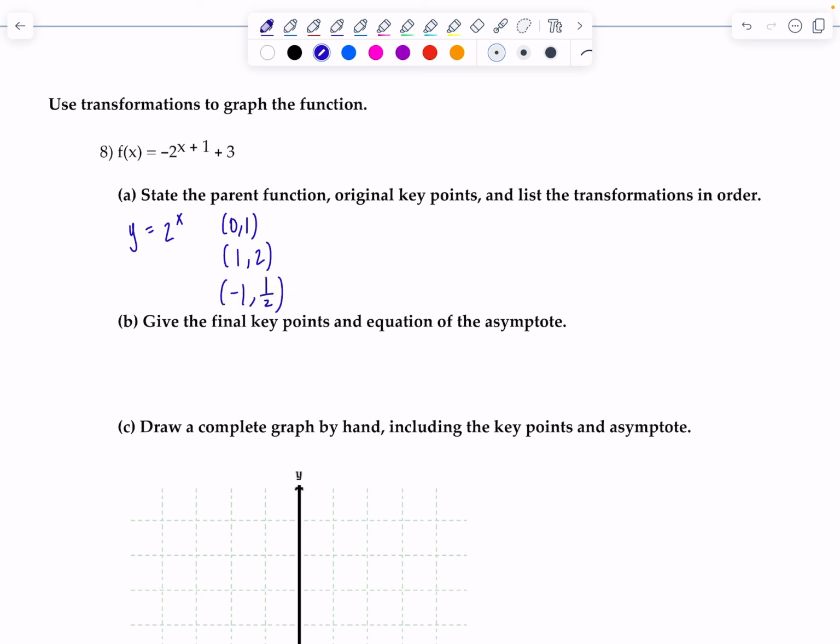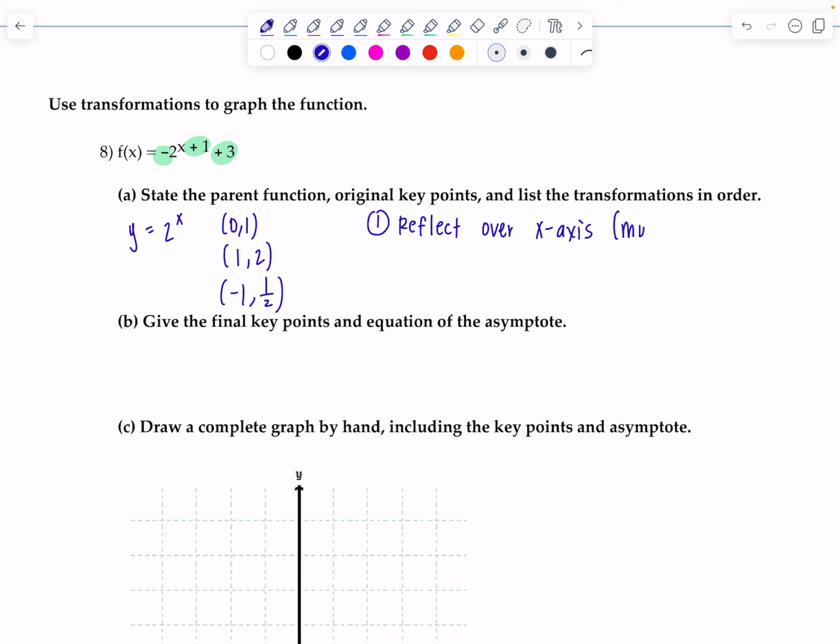Now the transformations, I see 3 of them. The first one we have to deal with is the reflection, the minus sign outside. Since it's in front of the base and it's not touching x in the exponent, it's a reflection over the x-axis.